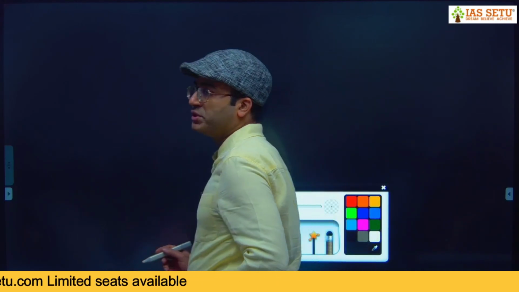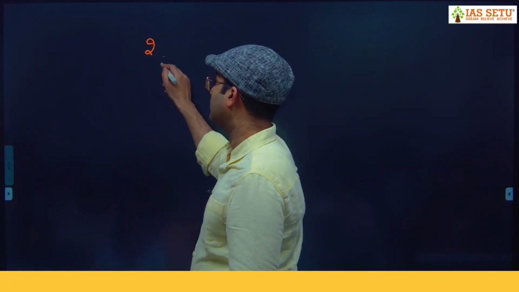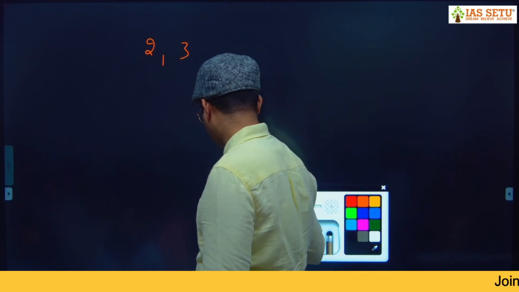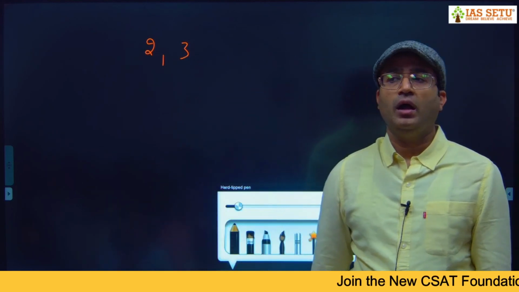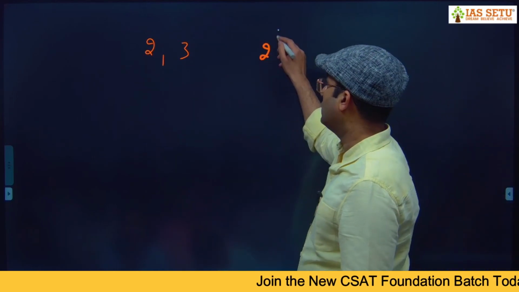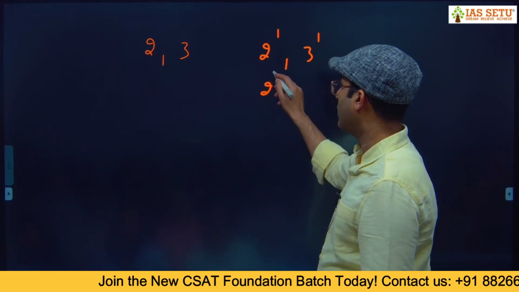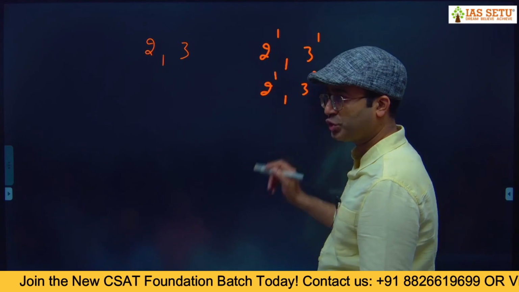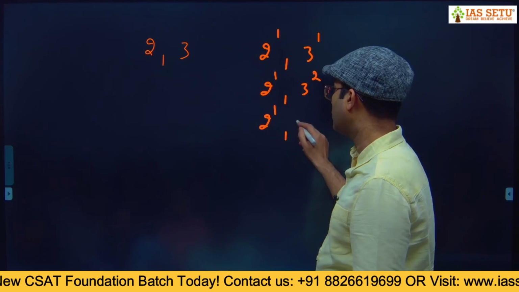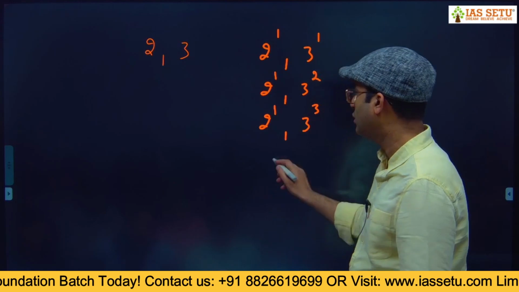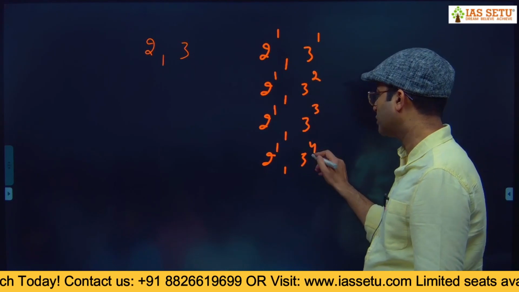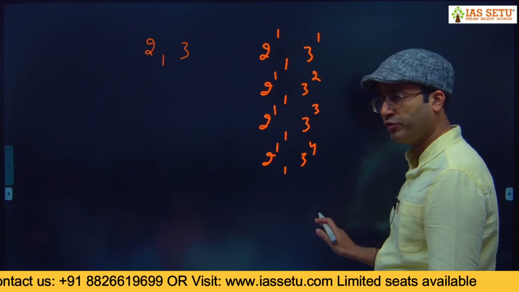See, there is one observation about co-prime numbers. Let me explain first, then I will dictate. If 2 and 3 are co-prime, then 2 to the power 1 is co-prime to 3 to the power 1, to 3 square, to 3 to the power 3, to 3 to the power 4, or any power of 3.